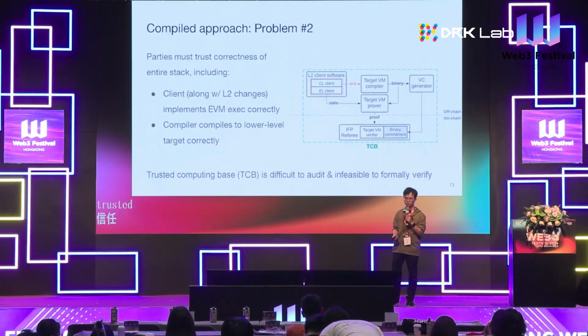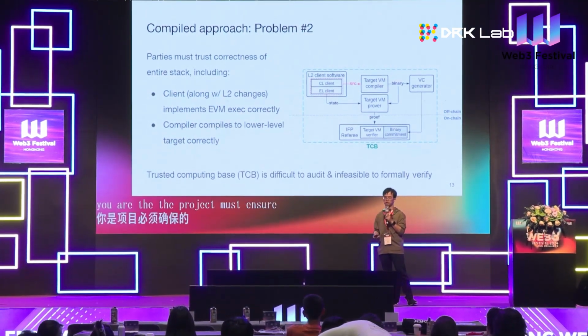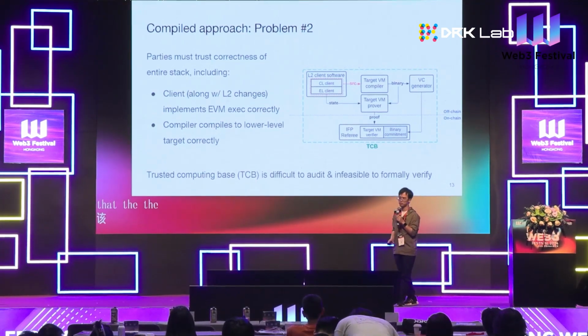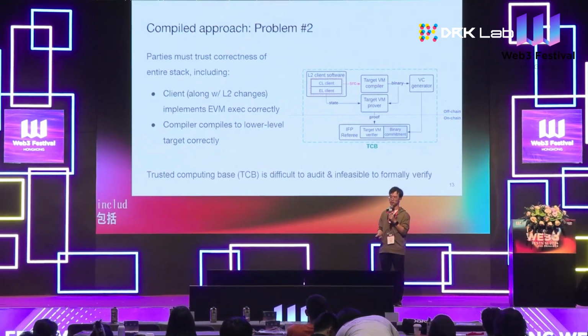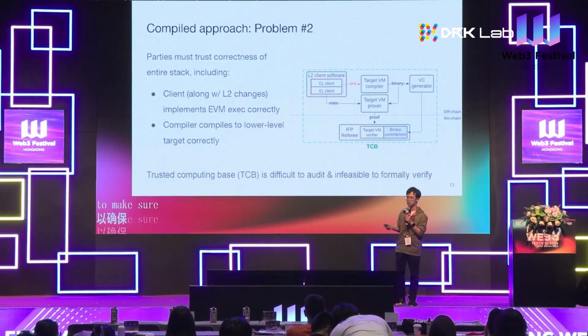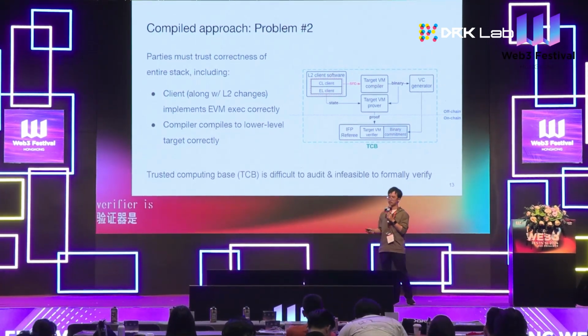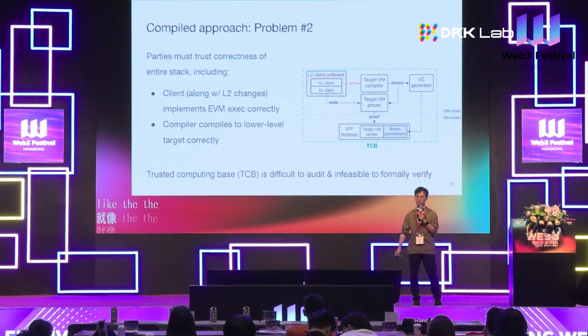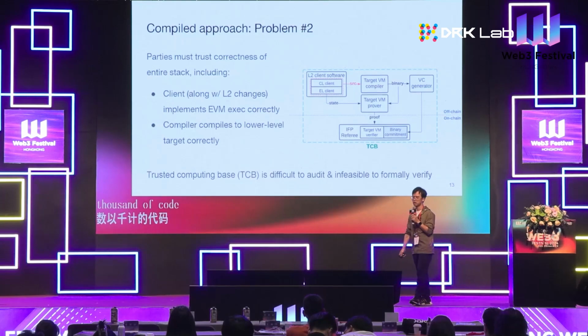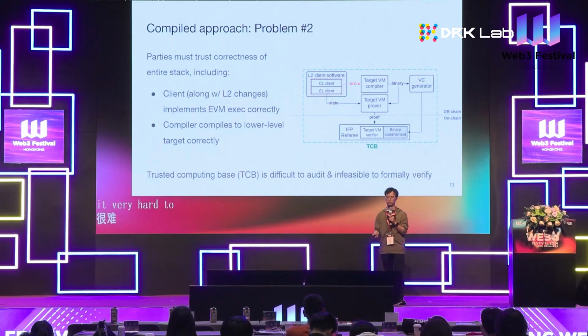So the project must ensure that all the components in this trusted computing base are correct, including the client software, the WASM compiler, the prover, the vector commitment generator, and also the verifier. The compiler is a few thousand lines of code, plus the L2 client software, which makes it very hard to audit and even infeasible to formally verify.